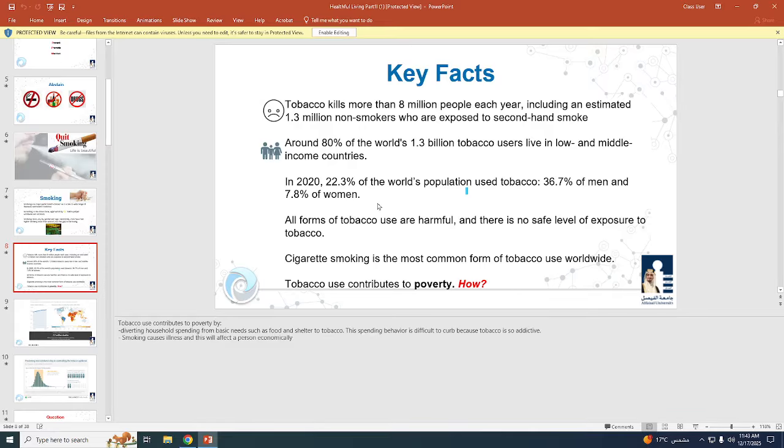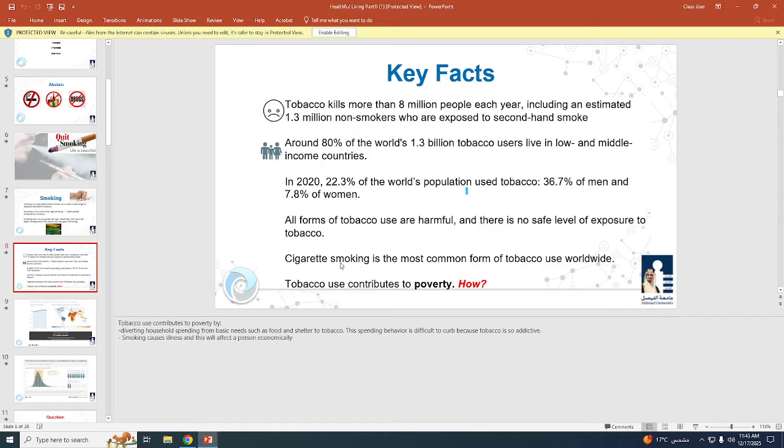Key facts here. Where do most of the people who are smokers live?